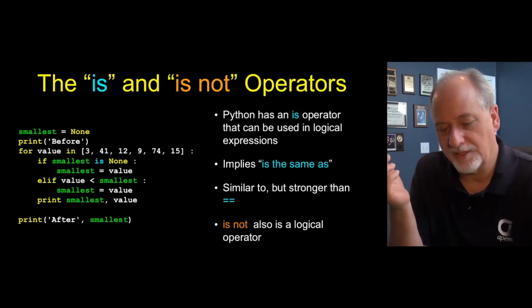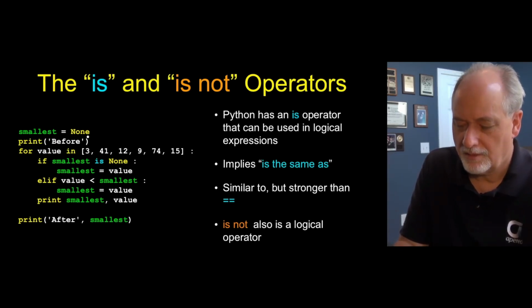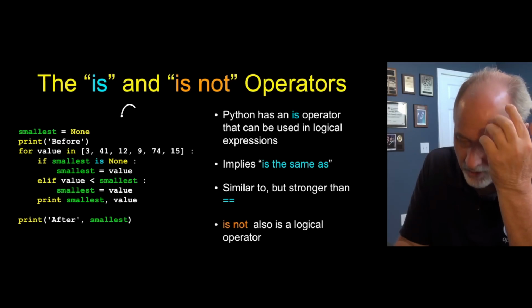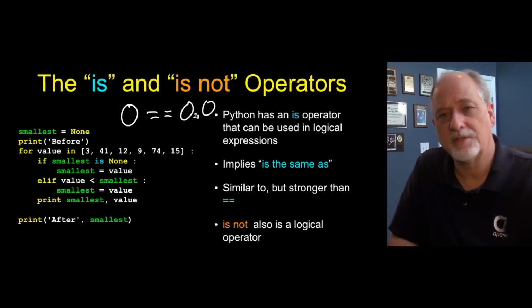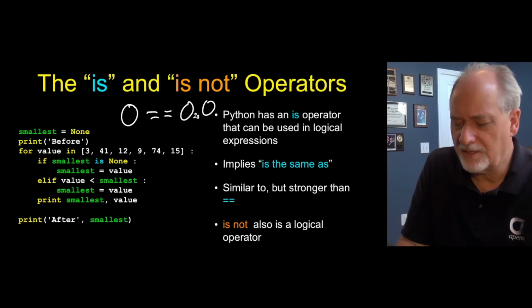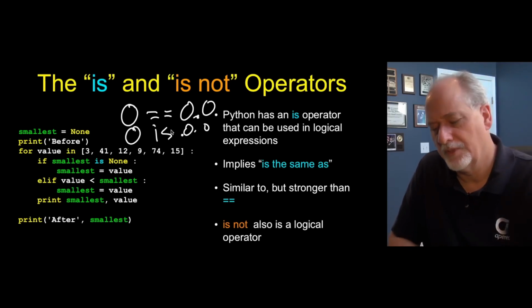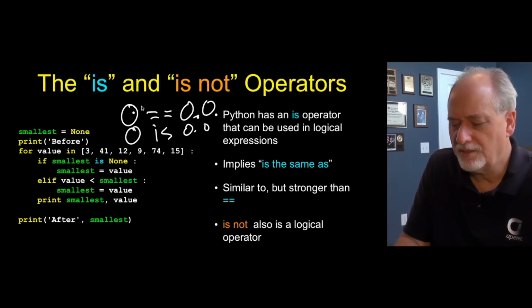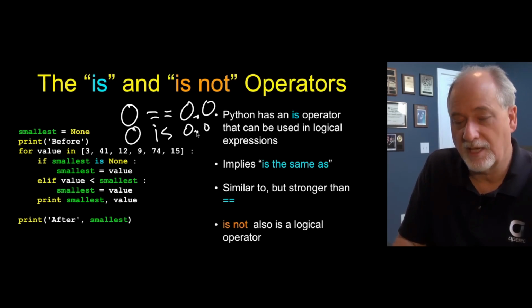So just as an example, if I were to say, is 0 equal to 0.0, it would say, yeah, that's true. But then if I say 0 is 0.0, that would be false. That's because these two are the same value-wise, and these two are not the same type-wise.